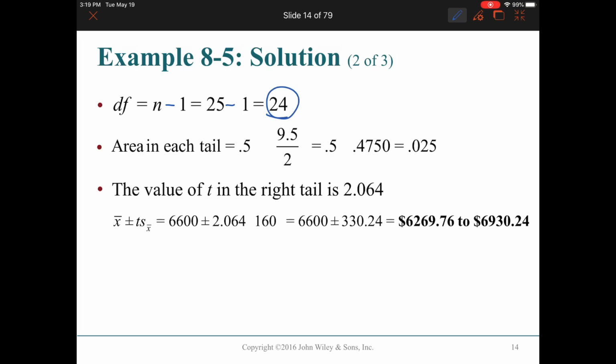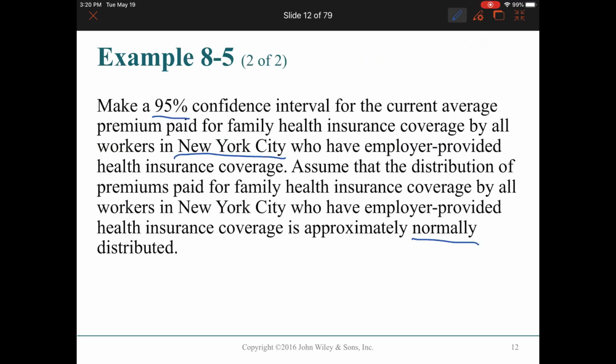Now, this part is kind of unnecessary, but this is how your book explains it, so I will go ahead and explain it once. But the table I give you will avoid this kind of issue. So the area in each tail, which might not be given, in this particular case will be 0.95 over 2.